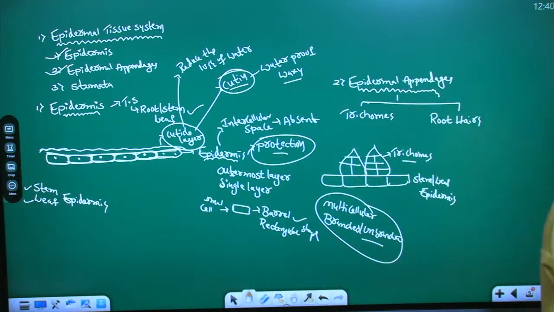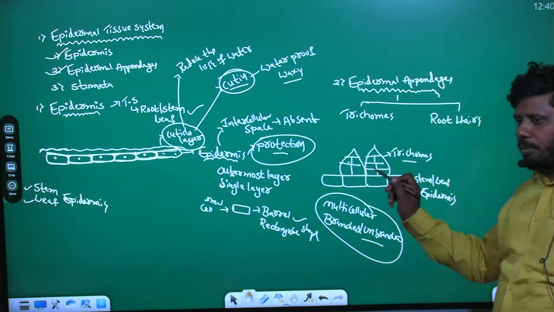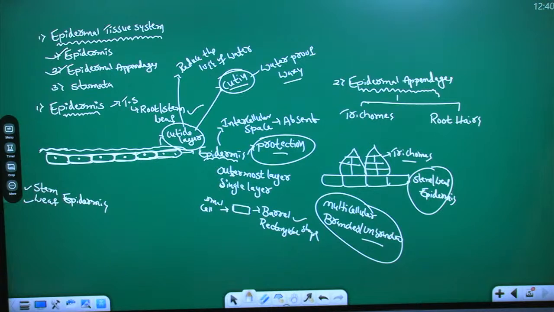The multicellular hair-like structure is developed from where? From stem and leaf epidermis.